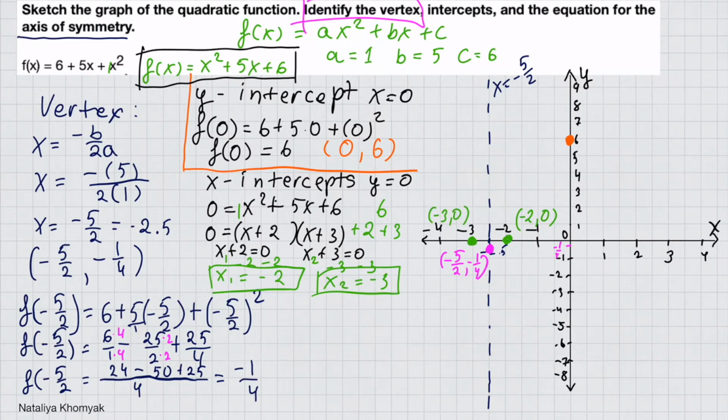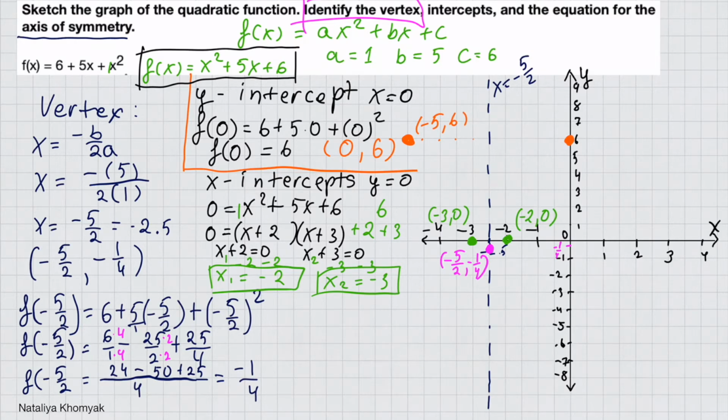The parabola is symmetric across the axis of symmetry. So if I have 5 boxes away from the axis of symmetry point here, there is another point 1, 2, 3, 4, 5 boxes in the opposite direction. At x -5, y 6, we have another point.